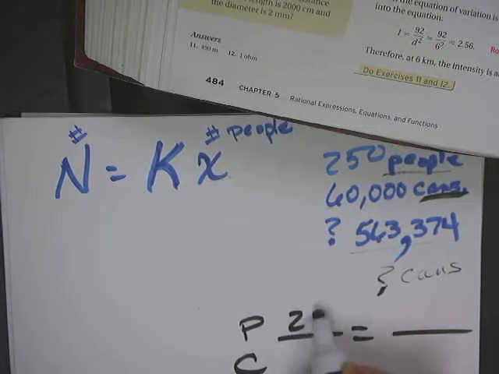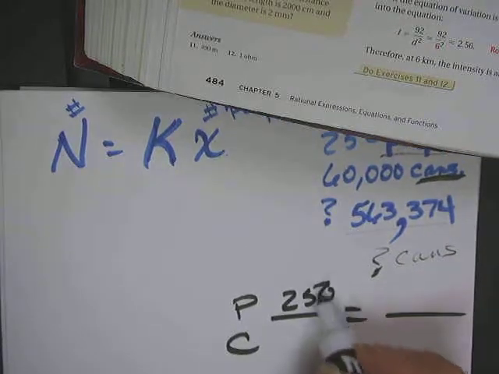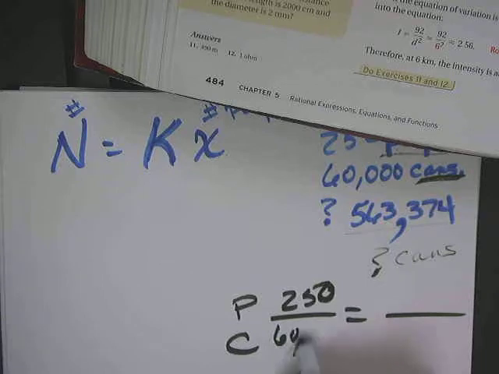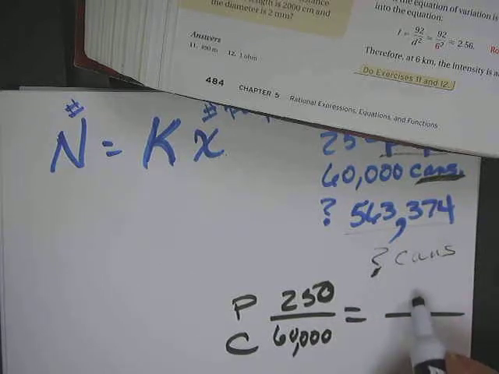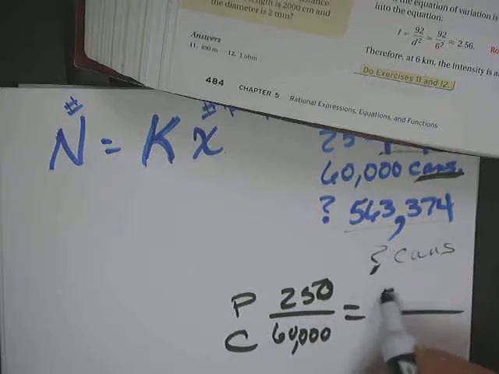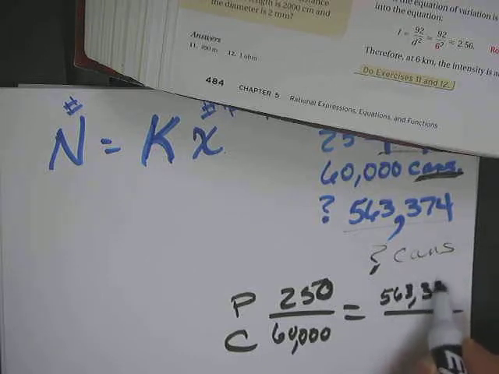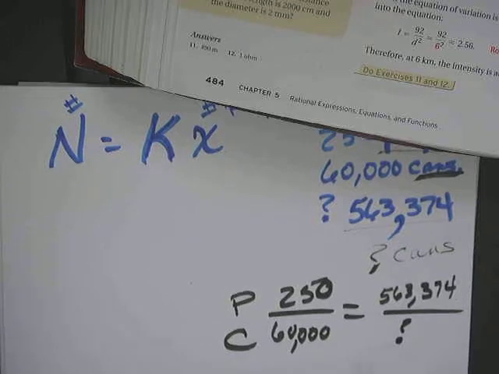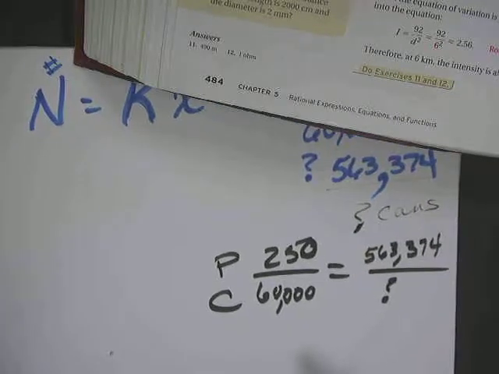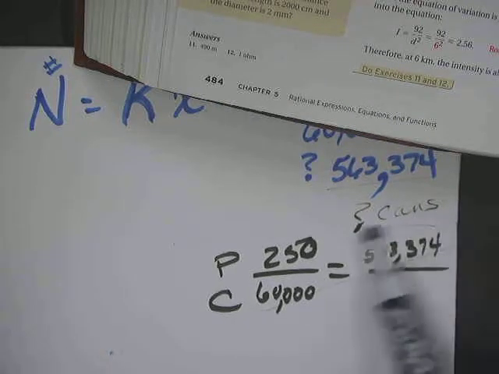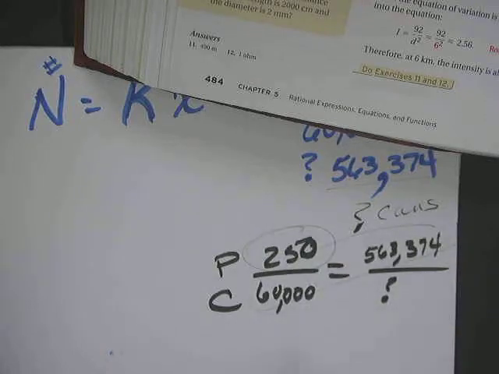Okay, so let's do the proportion, people over cans. 250 people, 60,000 cans. So 563,374 people, how many cans? How do you solve that?